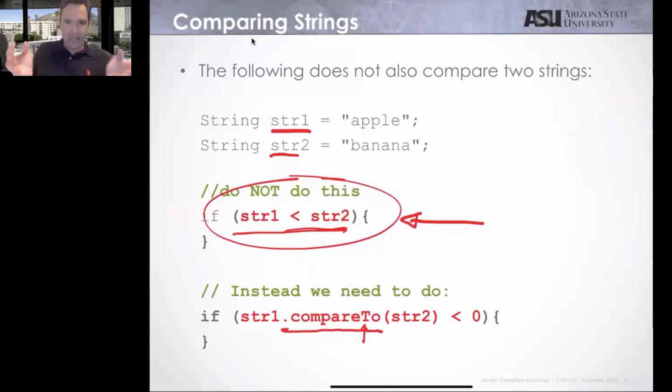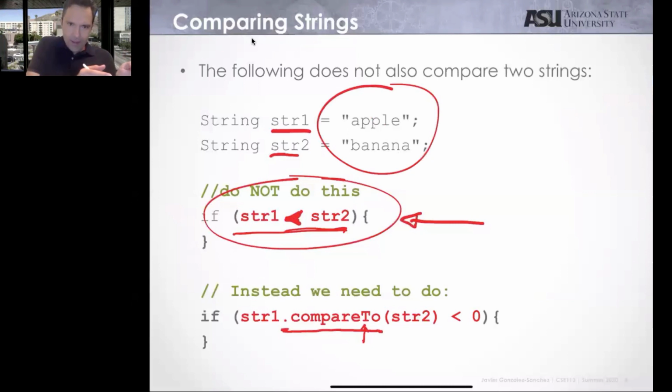Let me explain in this way. When you ask for lower than, your question is which of the two words appears first in a dictionary. I mean, if you put these two in alphabetical order, the one that is lower is the one that is going to be first in that alphabetical order.